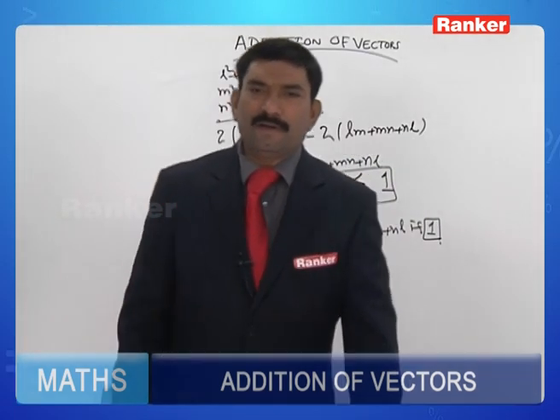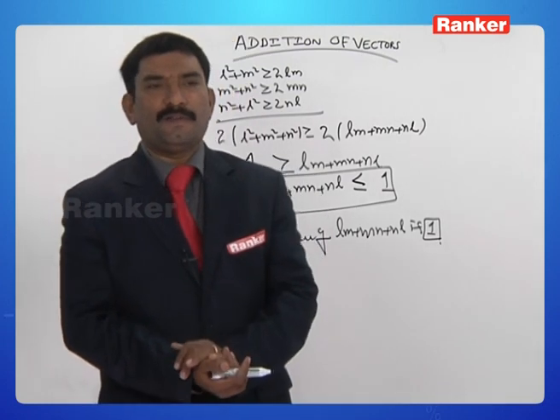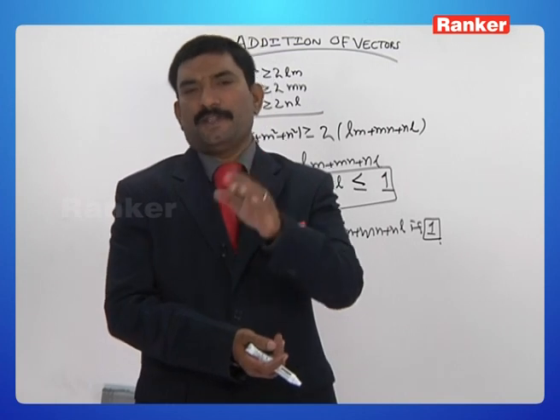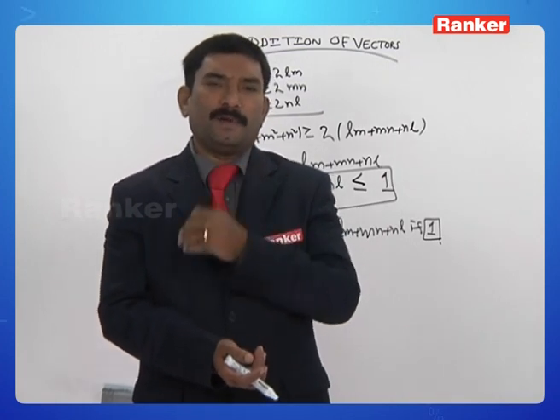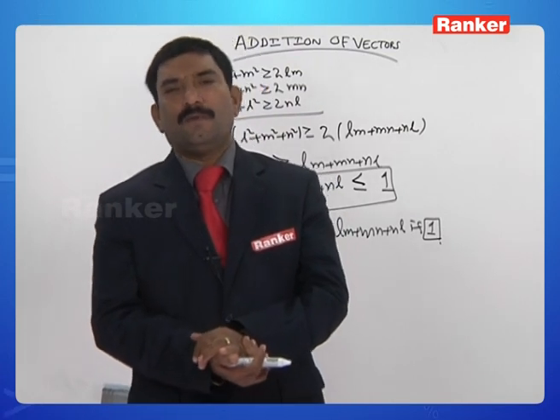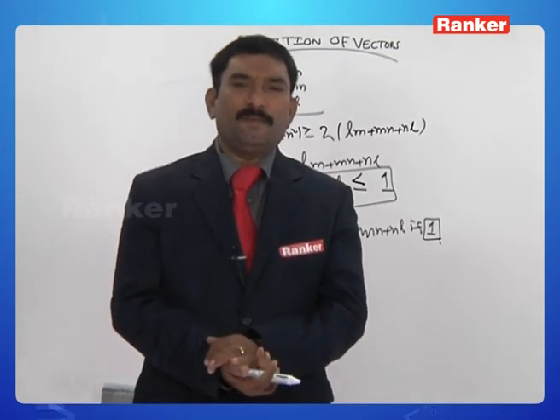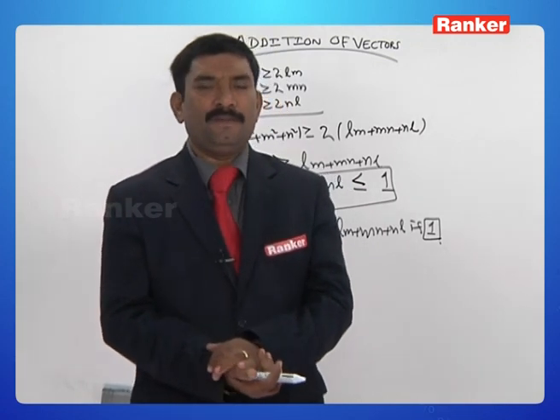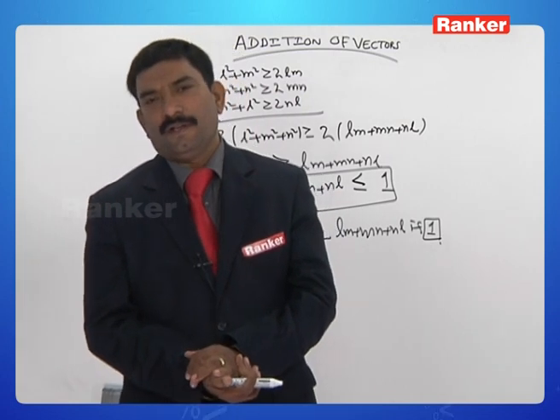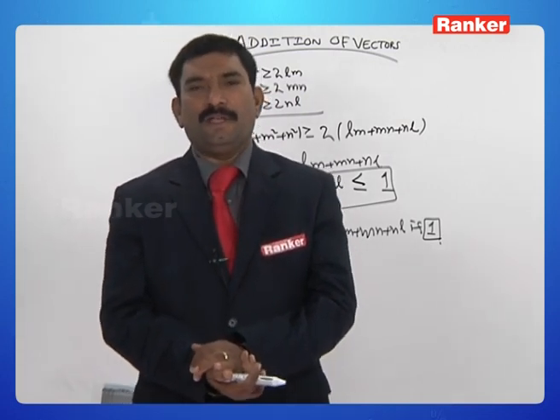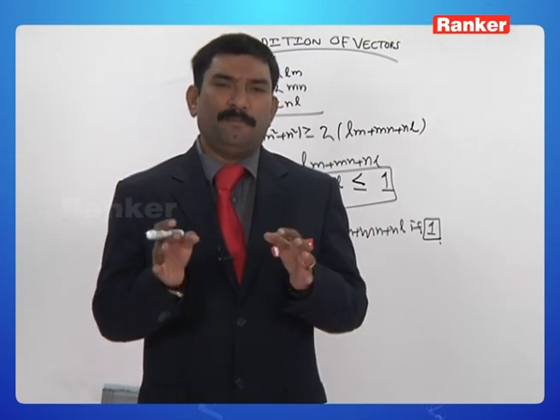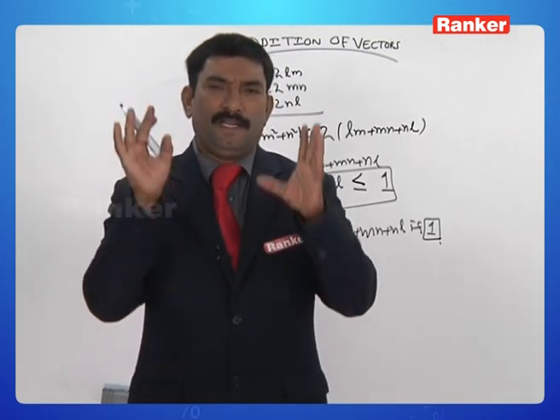Students, we have come across today the applications of direction cosines under three contexts. When L, M are the DCs of a 2D line, then the maximum value of LM is 1 by 2. If L, M, N are the DCs of a line, then the maximum value of LMN is 1 by 3 root 3. And if L, M, N are the DCs of a line, then the maximum value of LM plus MN plus NL is 1.